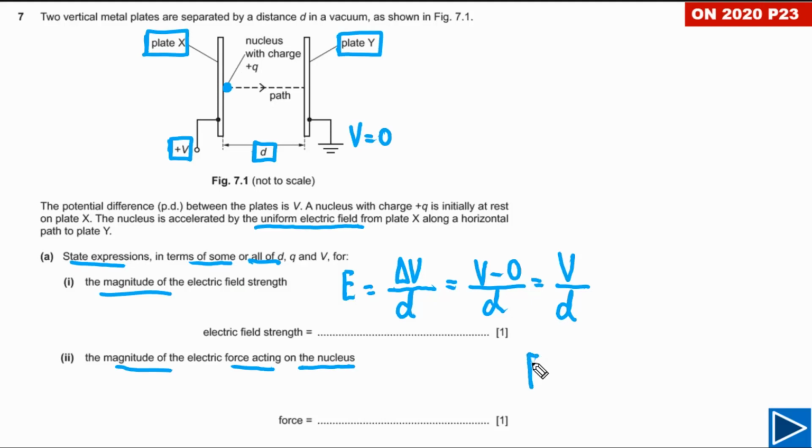So the force is F is equal to EQ, and Q is the charge on the nucleus. It is also given that the charge on the nucleus is plus Q. E we have already, so we can replace E with V divided by D, multiplied by the charge on the nucleus. So this is our answer for the second part.